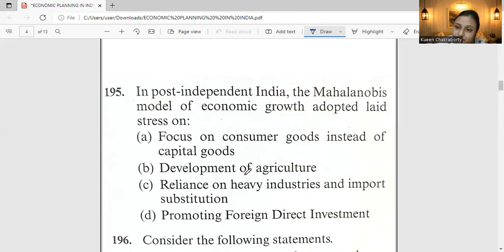Fourthly, import substitution. And fifthly, socialist pattern of the society. So keeping in mind this Nehru Mahalanobis strategy, we have option number 3 or C as the correct answer. Okay. So we will mark option C, that is reliance on heavy industries and import substitution was the adoption made.